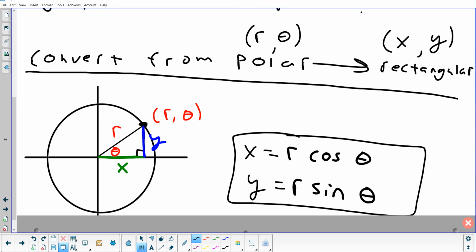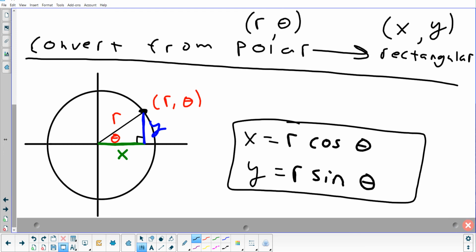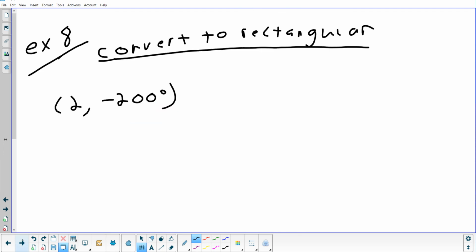So it looks kind of like a set of parametric equations. It basically is. But it gives you a way to take a radius and an angle, and it turns those two things into an x value and a y value, which is what you need when you write something in rectangular. And that's it. Those are your two points. So that's how you convert from polar to rectangular.